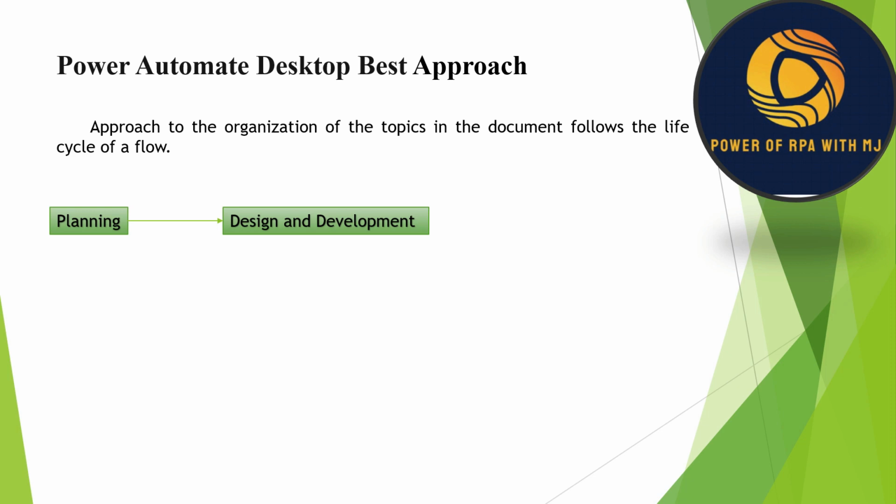What activities are we going to use? What best practices do we have to follow as per the Power Automate Desktop documentation? What best practices do we have to follow in the live environment? That we will cover in the upcoming videos. In this video, we are just concentrating on the best approach for any project before starting.